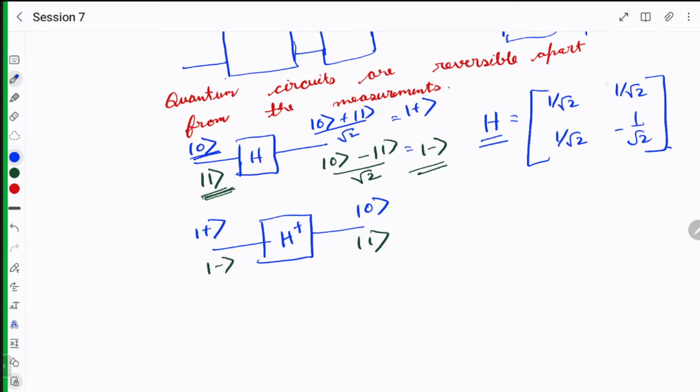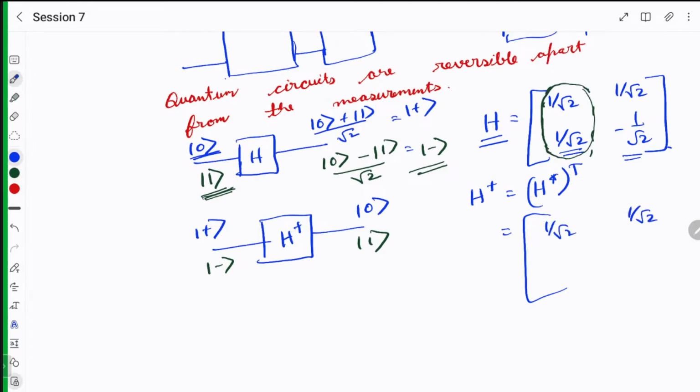Hadamard matrix. Now, if you take dagger, dagger means it is just conjugate and transpose. So all the elements are real numbers, so conjugate will be the same. And if you take transpose, then what will you get? So let's say the columns will become the rows, right? So let's take this column. This first column will become the first row, 1 by root 2, 1 by root 2.